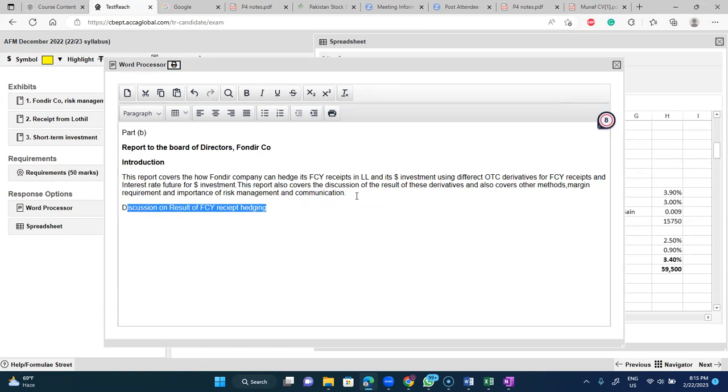Obviously, you will write that forward is the best one. Then you will discuss the result of dollar investment hedging. Then the next heading should be the other methods.